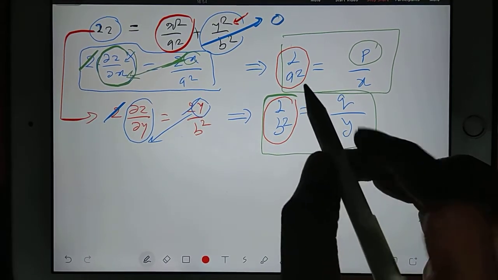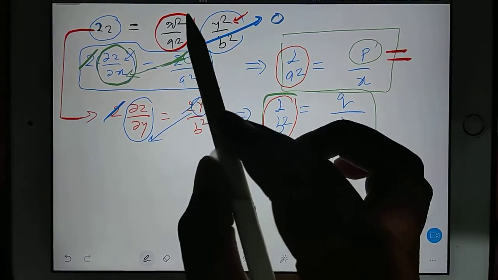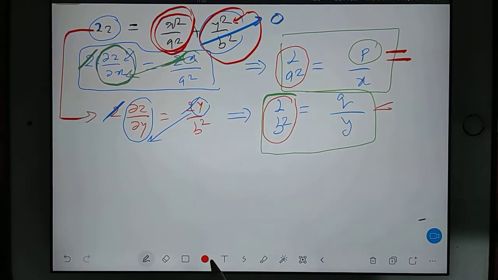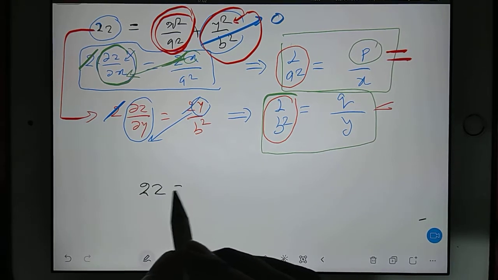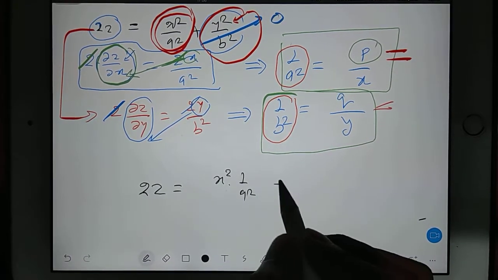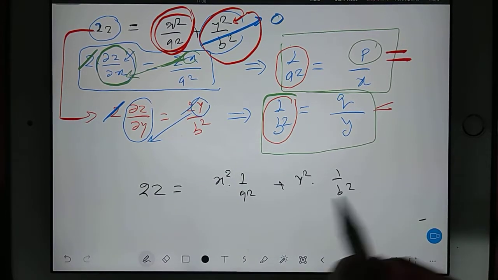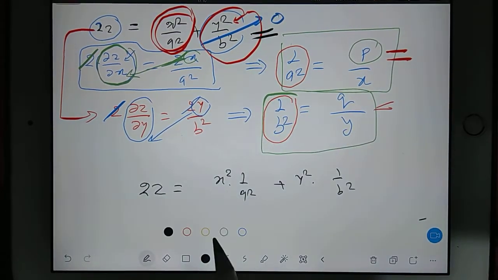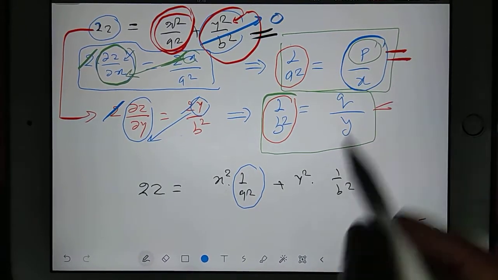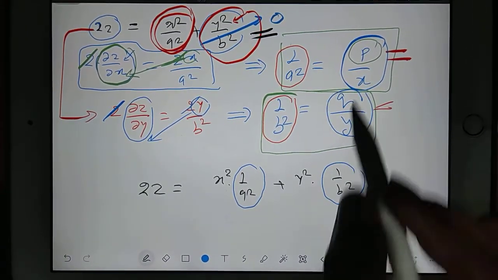So we are free to substitute this value here for 1 by a square and this value here for 1 by b square. Your 2z equation will look like, I can write x square into 1 by a square plus y square into 1 by b square, the main parent equation I'm talking about. Now in that, 1 by a square I can substitute as p by x and 1 by b square as q by y.